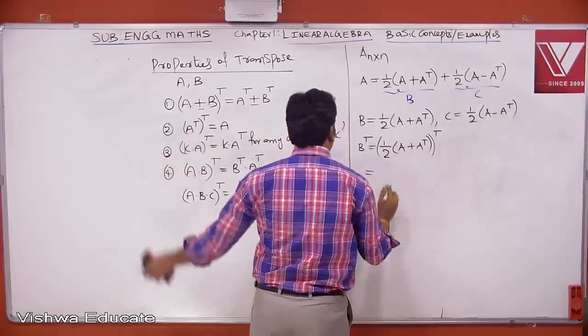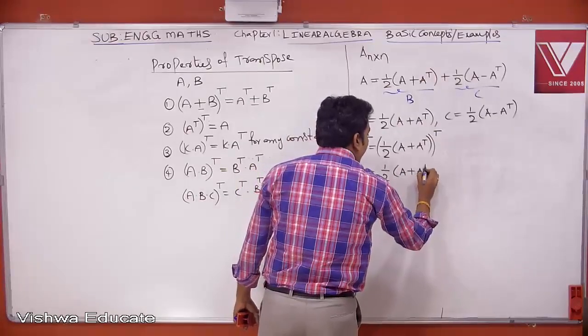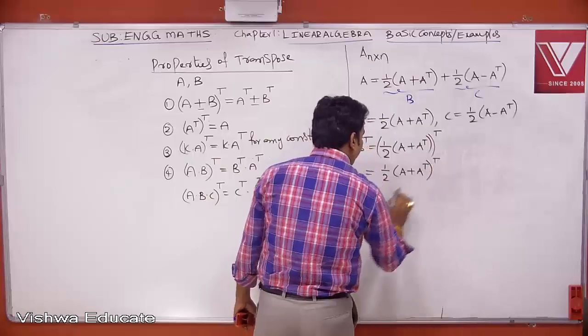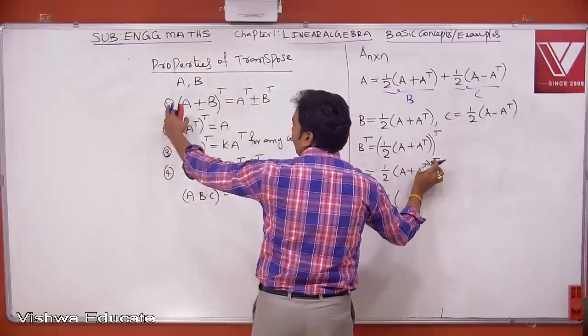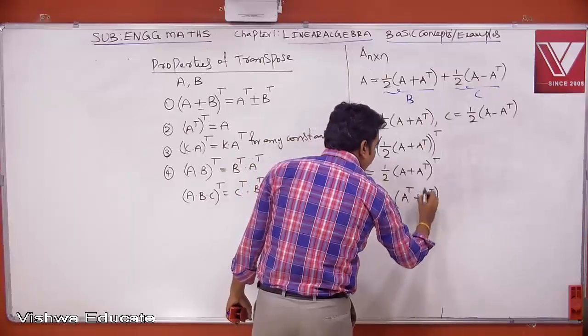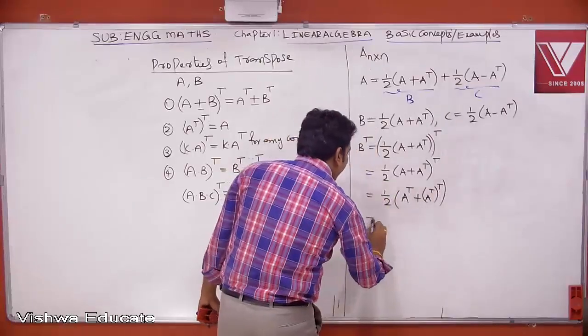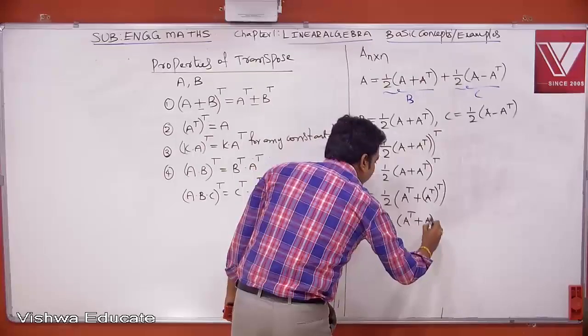Apply property number 3: the constant can be taken before the transpose. Half into A plus A transpose whole transpose is half into A plus B whole transpose. Apply property 1. This becomes A transpose plus A transpose whole transpose. Therefore, this is half into A transpose plus A.